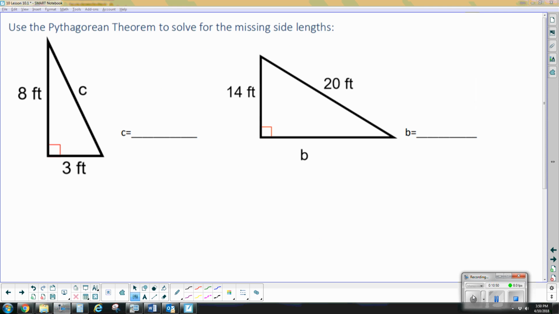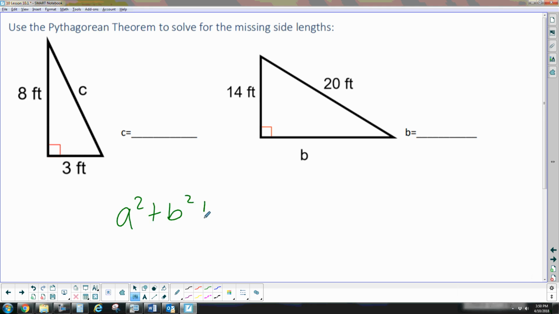All right, let's look at a couple examples here. So we're going to use the Pythagorean theorem to solve for the missing side lengths. Again, the Pythagorean theorem is a squared plus b squared equals c squared, where a and b are legs, so the legs form the right angle, and c is the hypotenuse. So in this example, 8 is a leg, 3 is a leg, and c is the hypotenuse.